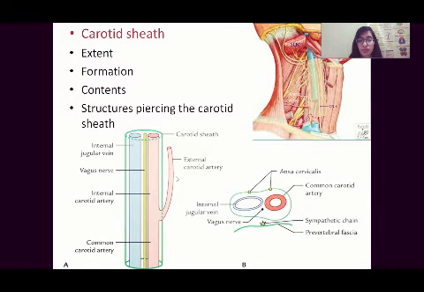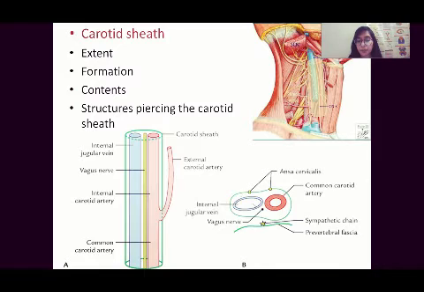This is a branch going externally from the carotid sheath, the external carotid artery. The common carotid artery forms the internal and external carotid arteries. When we see it as a transverse section, it looks like this. The common carotid artery branch, internal jugular vein and the vagus nerve are the contents.